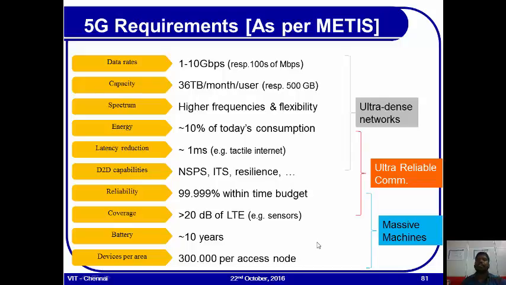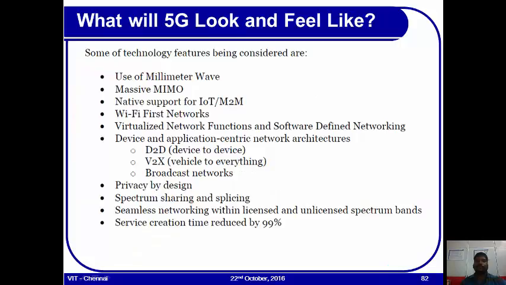So with respect to ultra dense network, these are the parameters focused. Ultra reliable network, these are the parameters. At the end, massive machines focus on the last three.